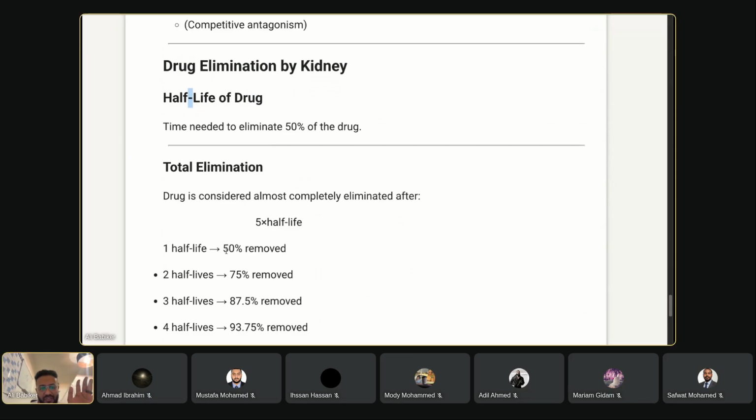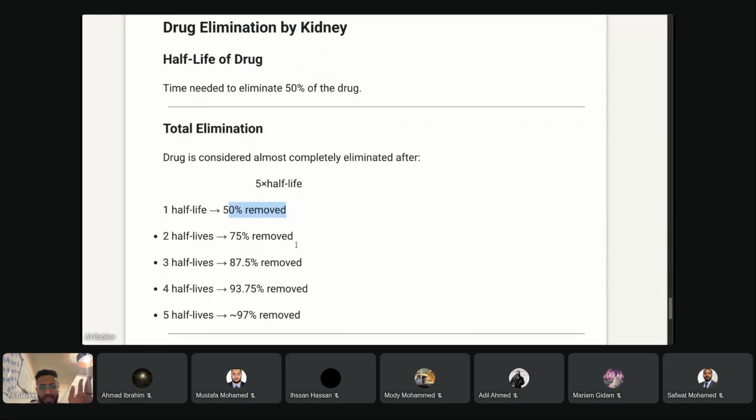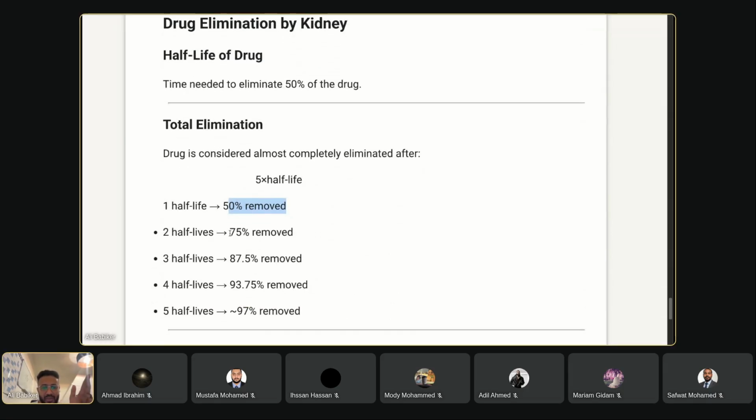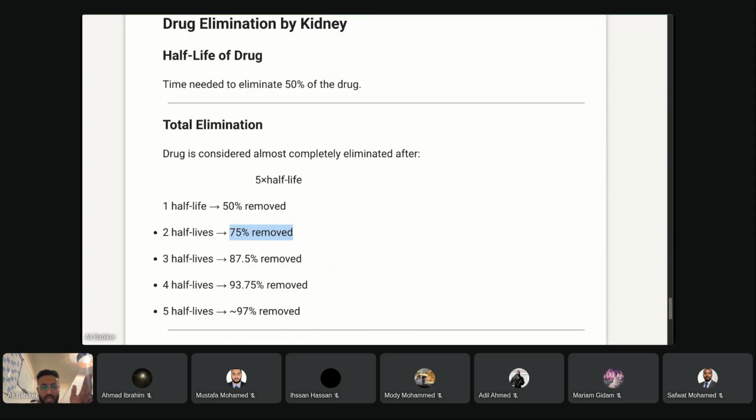So the first half-life means 50% removed. Second half-life means 75% removed. Why? Because you have one drug, you removed 50% of it, and then you divide the remaining 50% into two, meaning 25% also is going to be removed. When you add the 25% to the 50%, that will be 75%. Third half-life means 87.5% removed.